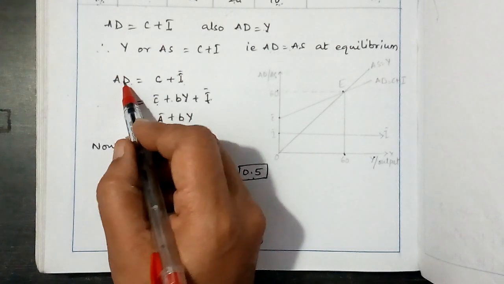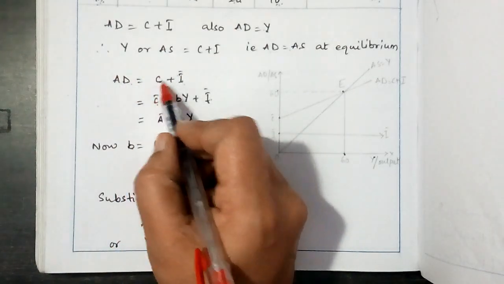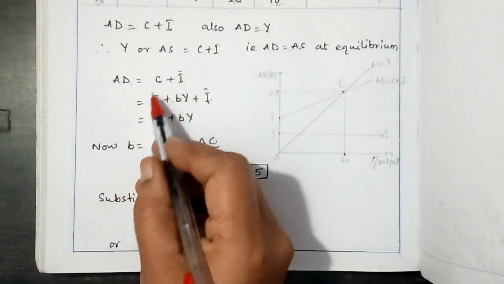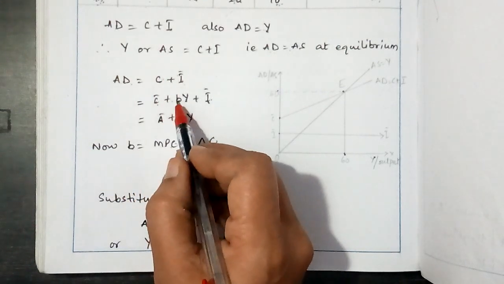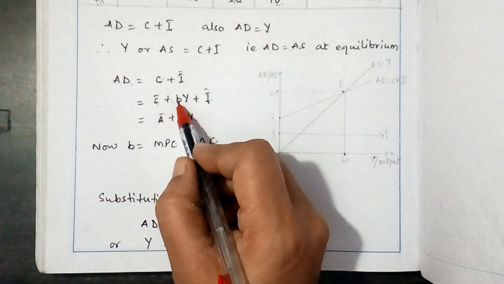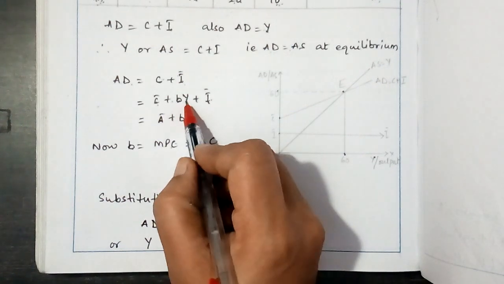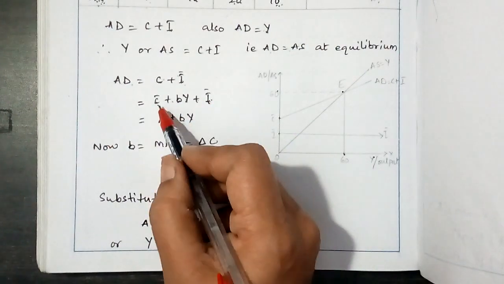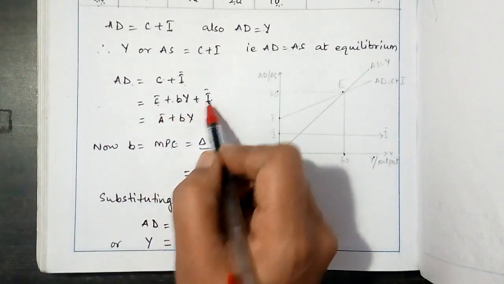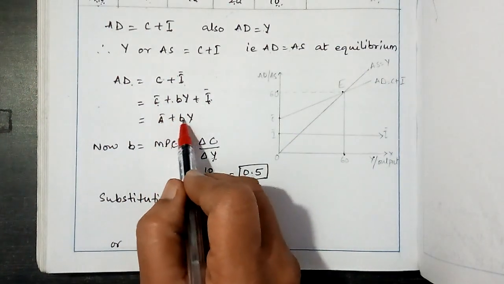Now aggregate demand, from our previous knowledge we learned it is consumption plus investment, and consumption we learned as autonomous consumption plus marginal propensity to consume, that is the slope, into income, plus autonomous investment, which is nothing but C plus I is equal to autonomous expenditure plus B into Y.